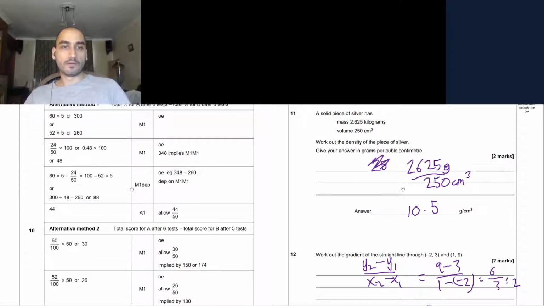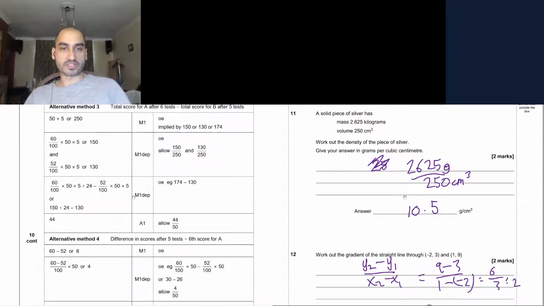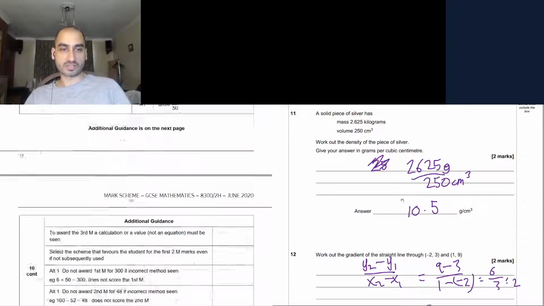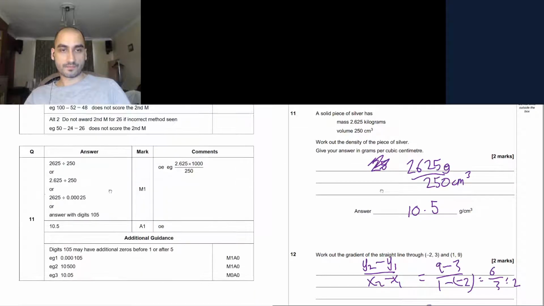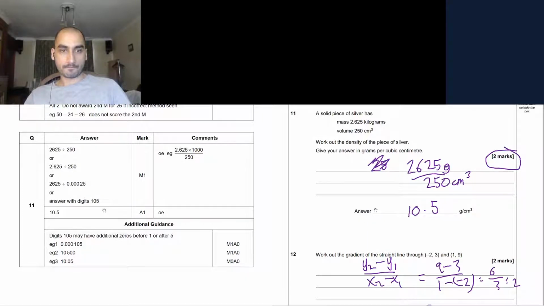Oh, wow. There's 2 pages of alternative methods for solving that question. 3 pages, 2.5. 10.5. Digits 1, 0, 5 may have additional zeros before 1 or after 5.